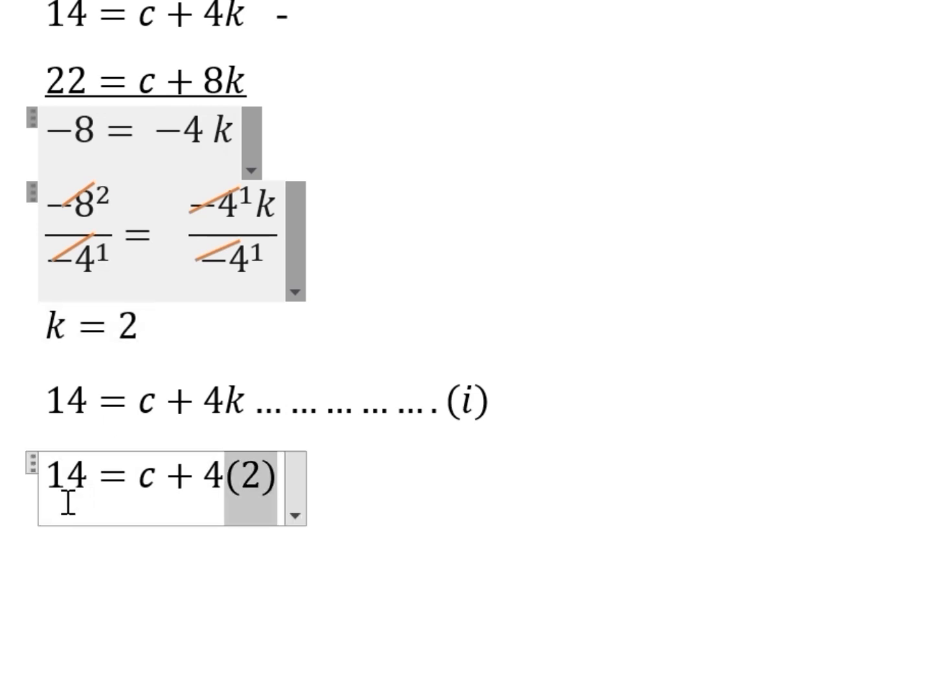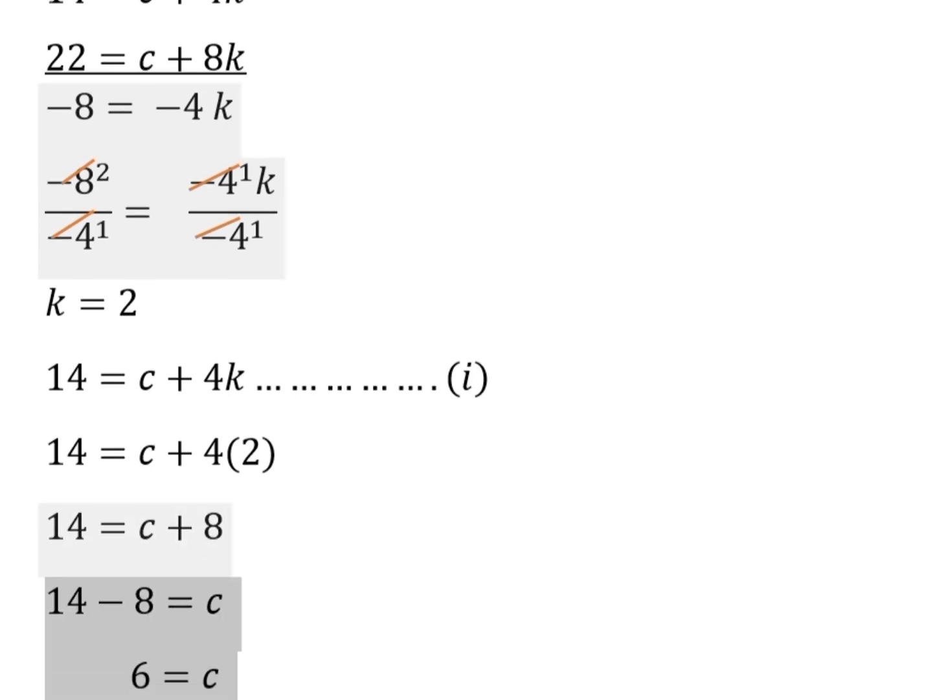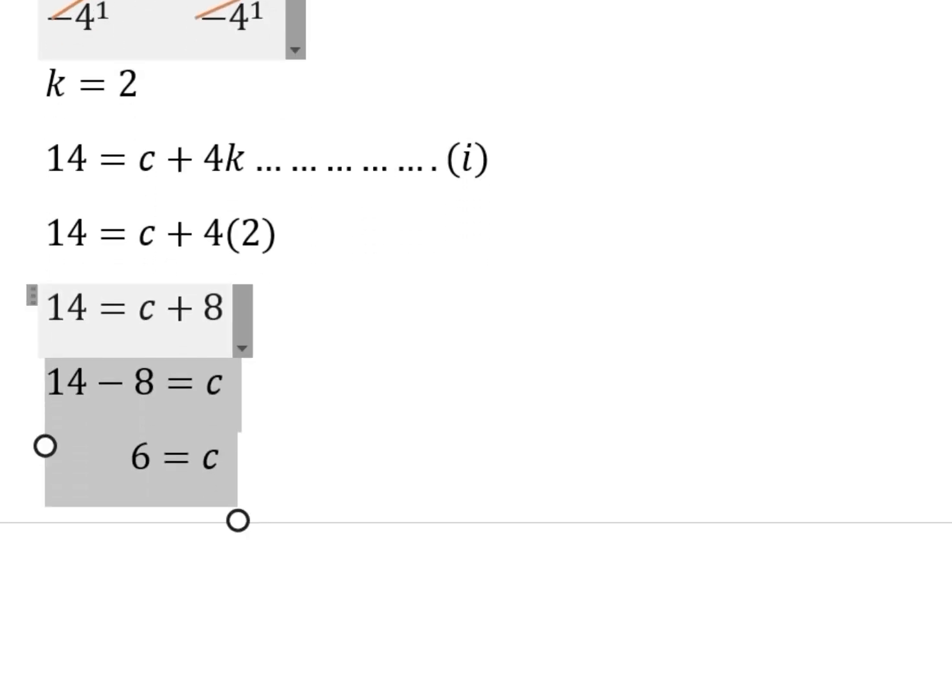When you do that, you will have 14 being equal to c plus 8. Take this c across the equal sign. We shall have 14 minus 8 being equal to c. In other words, our c is equal to 6. So we have found the value of c to be 6 and that of k to be 2.